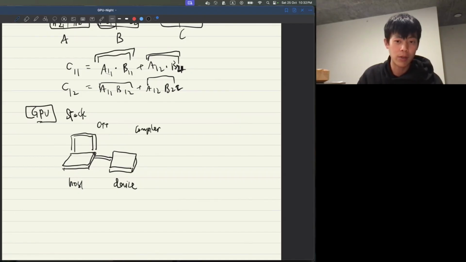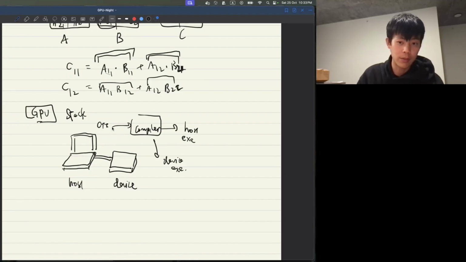But this compiler now has an additional job. It takes in a C++ program and must do something for both the host and the device, because something is going to get run on the device. Meaning to say, it must compute two sets of machine code or two executables. Firstly, it will compile something to be executed on the host side and something to be executed on the device side.